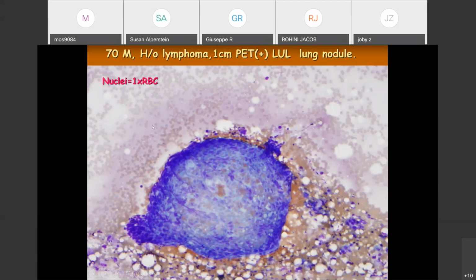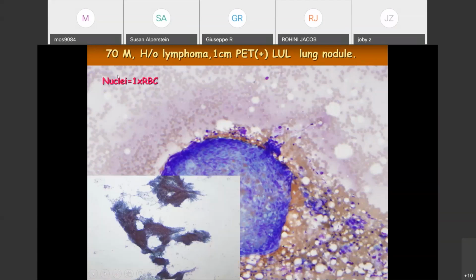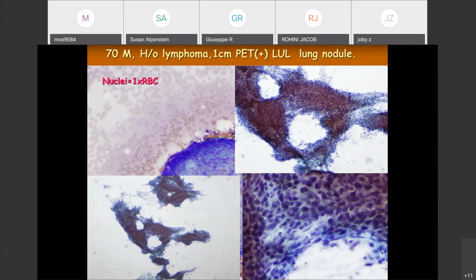And then another: a 70-year-old man with lymphoma, and surveillance shows a PET positive nodule. And so Diff-Quik, 1 times RBC, but this is abnormal. There's no keratin.